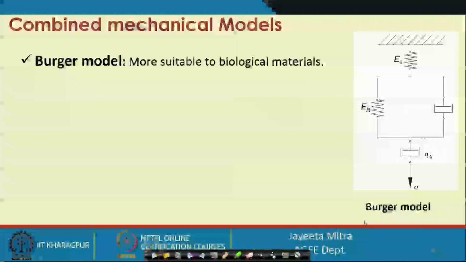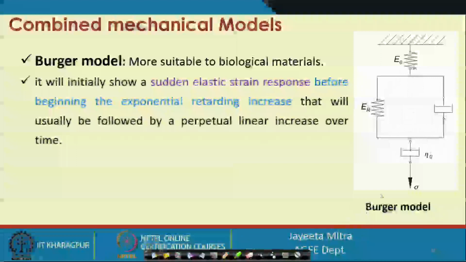So, this is the Burger model where a spring and a dashpot in series have been combined with a spring and dashpot in parallel. It will show a certain initial elastic behavior when a constant stress sigma is applied.